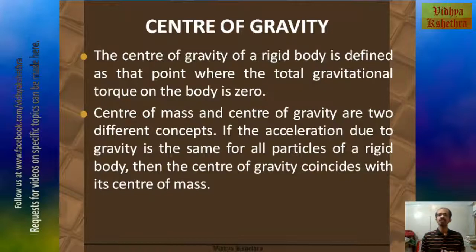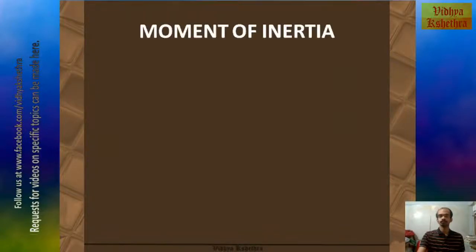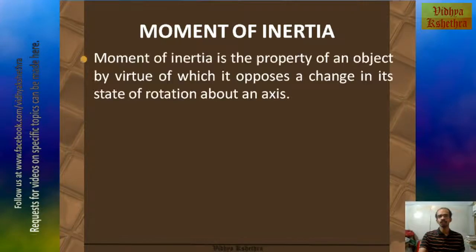If the acceleration due to gravity is the same for all particles of a rigid body, then the center of gravity coincides with its center of mass. That is, when the rigid body is kept in a uniform gravitational field, center of gravity will be equal to the center of mass.